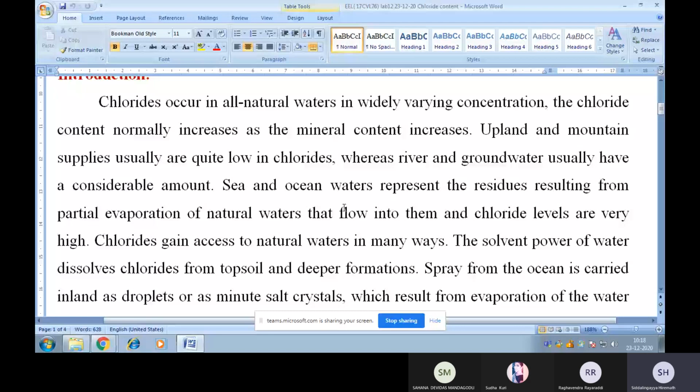Thus, wastewater effluents add considerable chlorides to receiving streams. Many industrial wastes, for example the wastewater generated in tannery industry, also contain appreciable amounts of chlorides.